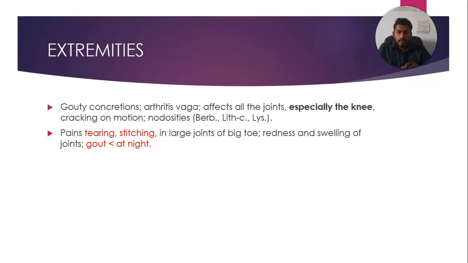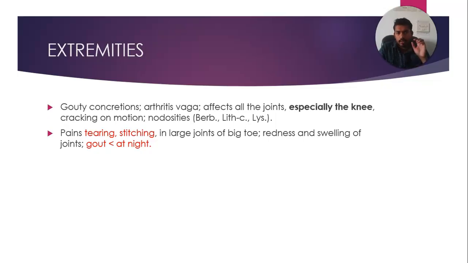There is swelling and pain of the MTP, the metatarsophalangeal joint. So that is where all the inflammation occurs, and there is redness and swelling of the joints. Gout is aggravated at night time. So these are some characters of benzoic acid in gout.